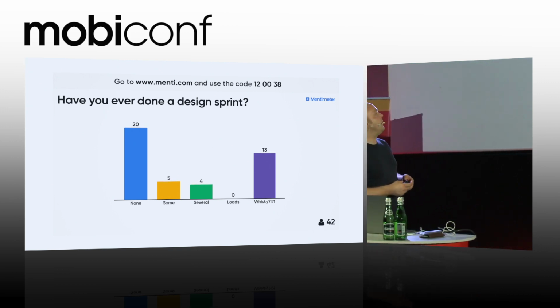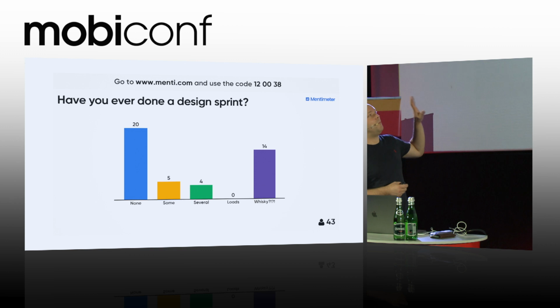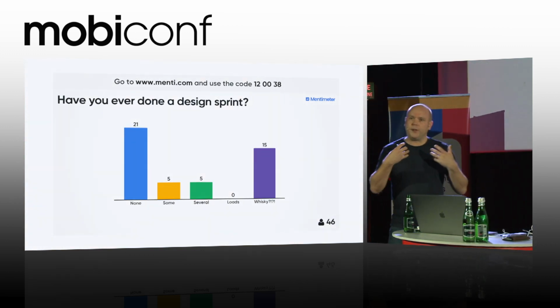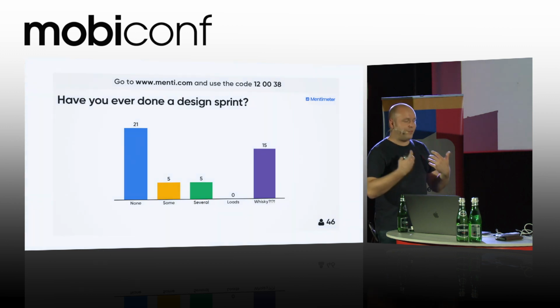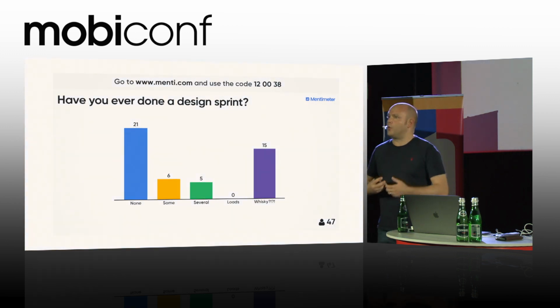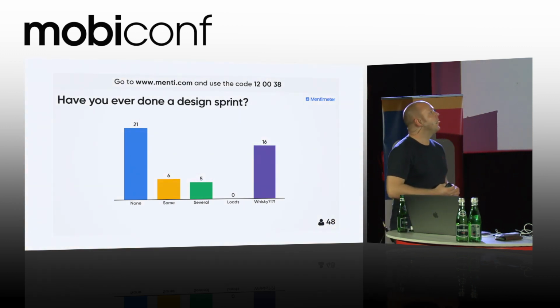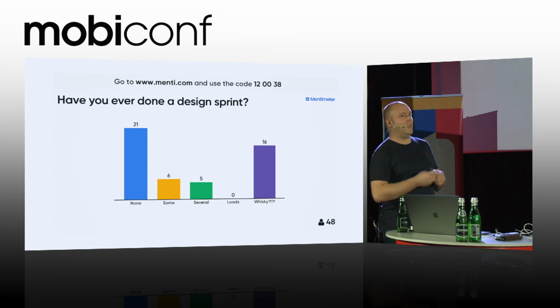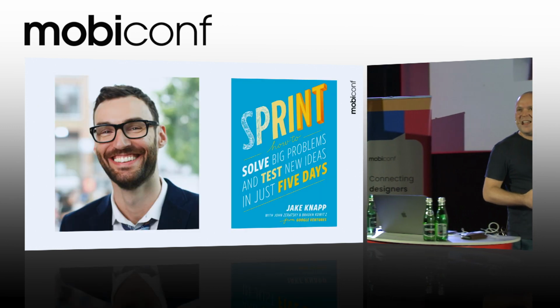So here we can see we've got not very many people done a design sprint, so this hopefully will be useful for you. Hopefully you'll find out a bit more about the kind of 5-day rapid process for exploring different spaces. A few experts in here, and you can tell by my Scottish accent, many people liking the whiskey. I'm a big fan of that, so that's good.